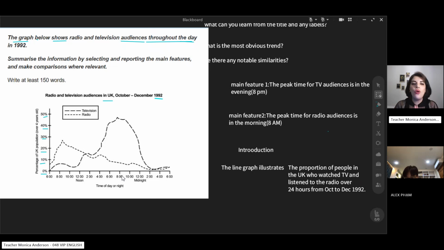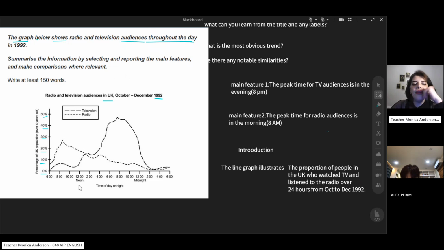You should report the main features you can see in the graph, giving only general information. No figures, no details. Details come later in the essay. You should also make any clear comparison you spot.